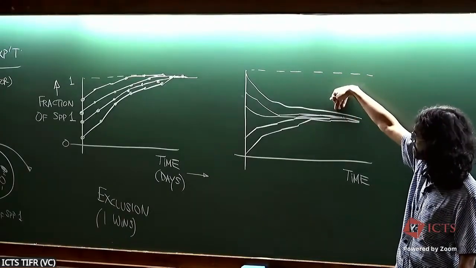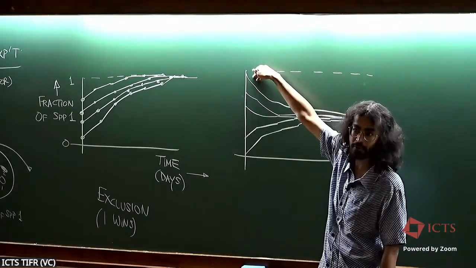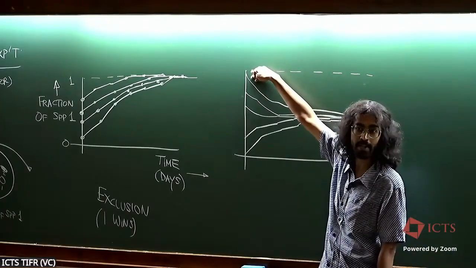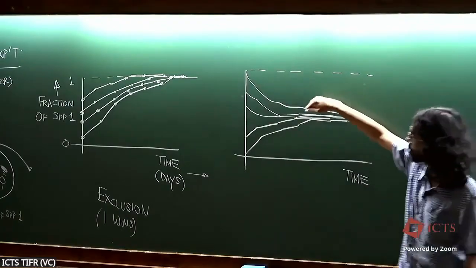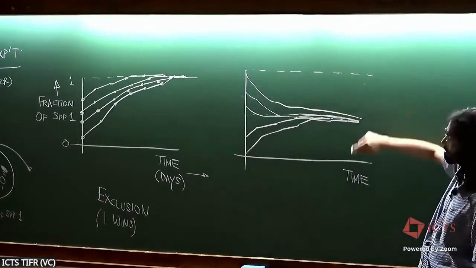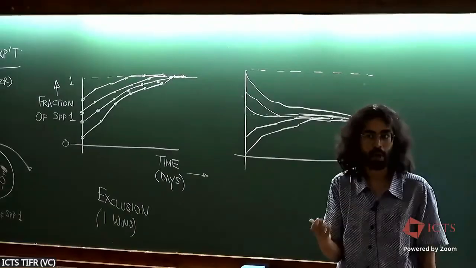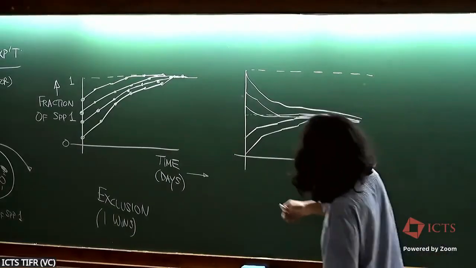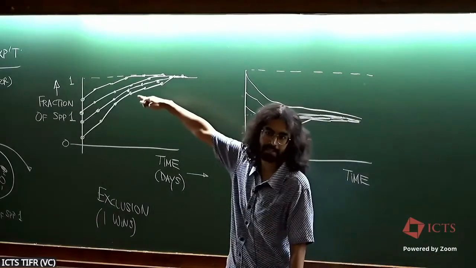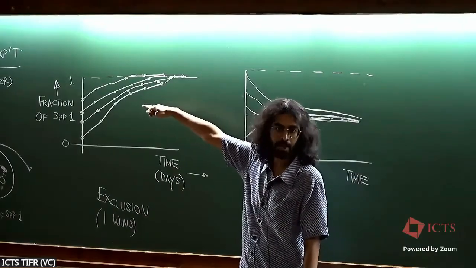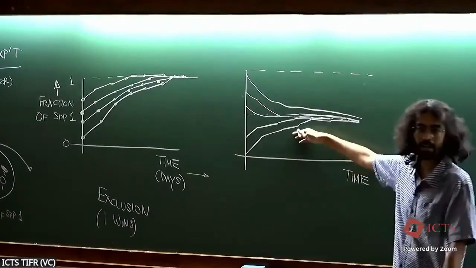But in this case, whatever initial fraction of species 1 or 2 that you start off with, over time you eventually go to a well-defined stable fraction at which species 1 and 2 will coexist. I hope it's clear what the axes here mean. It's the same thing. I'm just not writing it down because I'm lazy.